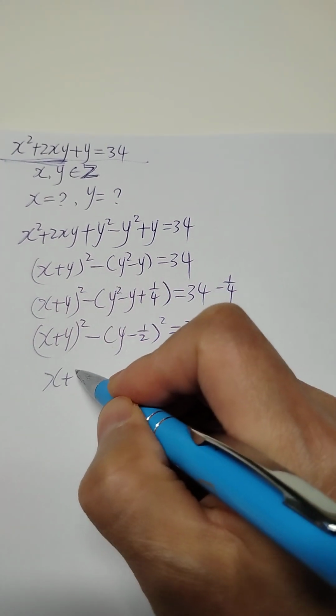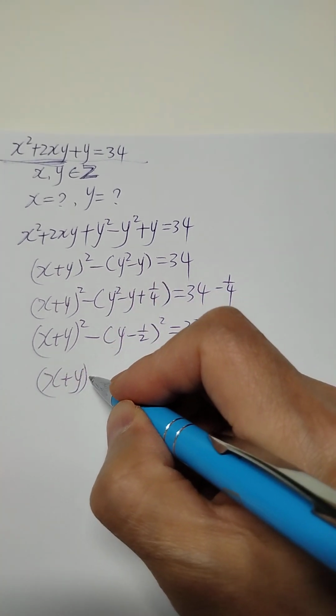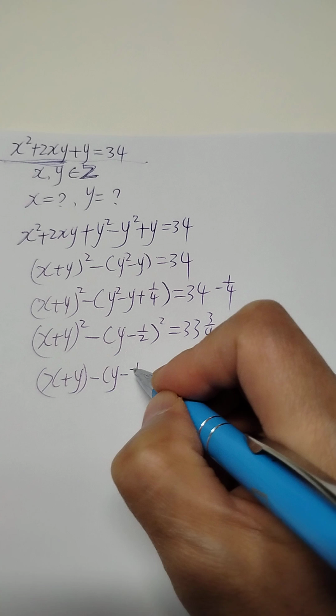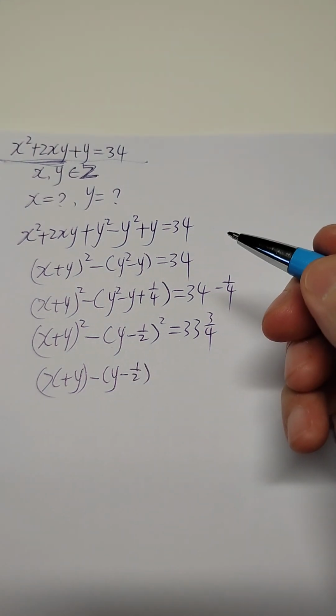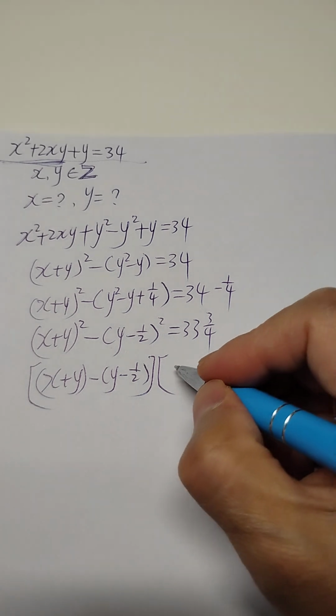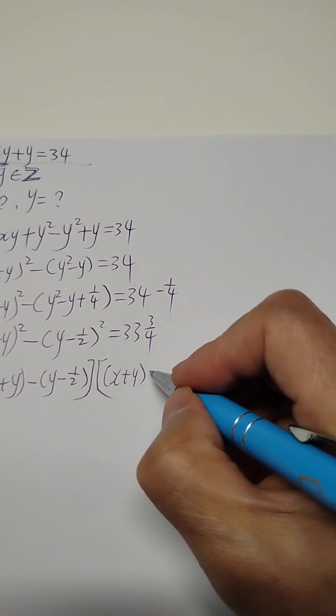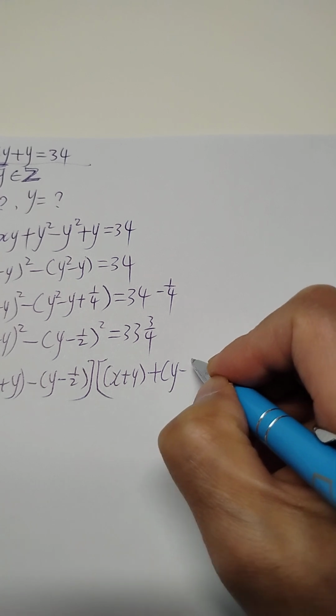We could have (x plus y minus (y minus 1/2)) times (x plus y plus (y minus 1/2)).